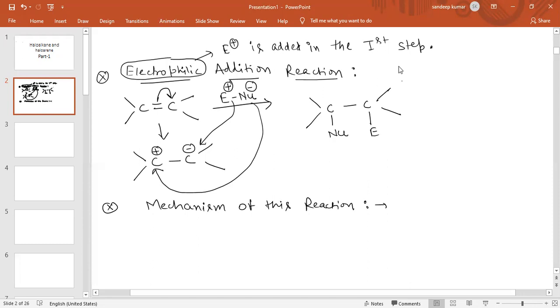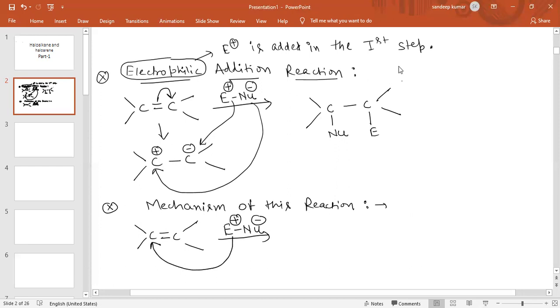See, if a compound is given like this, C double bond C, in the first step there are both parts. One is the electrophilic part and one is the nucleophilic part. So in the first step there is attack of the electrophile on this carbon.